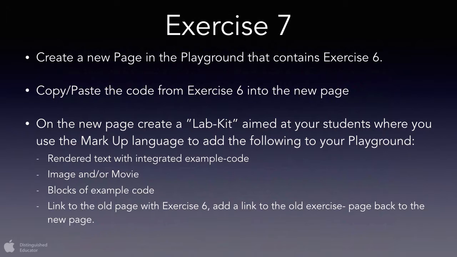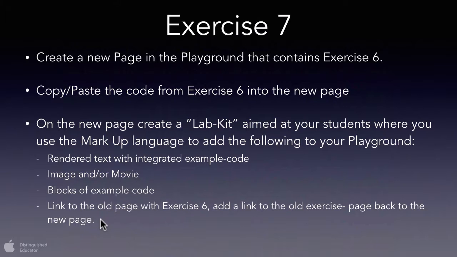Then you could copy paste the code from exercise 6 into the new page, and on the new page the basic idea is that you should create a lab kit aimed at your students, where you use the markup language to add the following: some text with some integrated example code, an image or movie, you can use both, blocks of example code, and also a link to the old page or some other page. Really easy to add links from one page to another. It's only one little tweak that you need to know, but it's kind of simple.